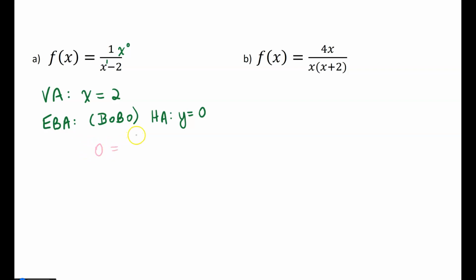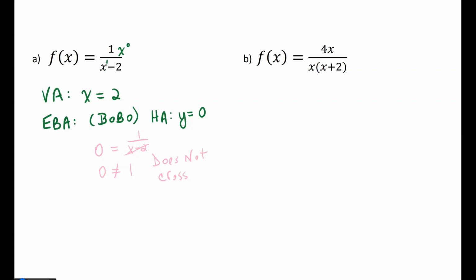So that gives me 0 equals 1 over x minus 2. That denominator is going to divide out to 0, leaving me with 0 equals 1, which is a false statement. And if we get a false statement, that means that this graph does not cross the asymptote.